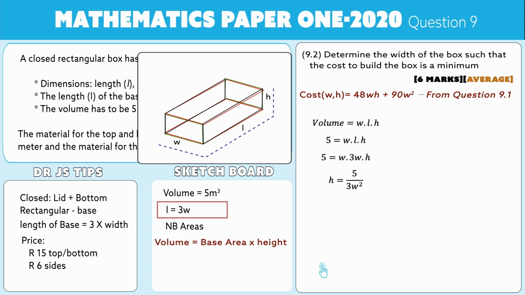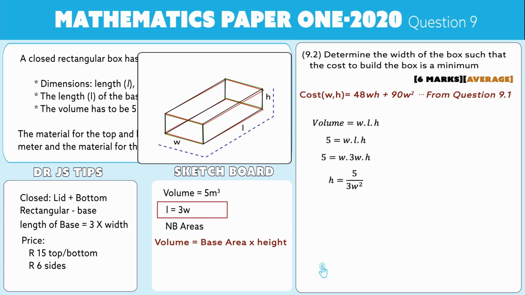So we've got to go back to our cost function and optimize the cost now that we know the relationship between the height and the width.